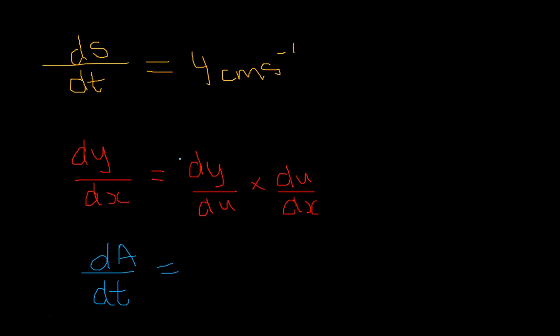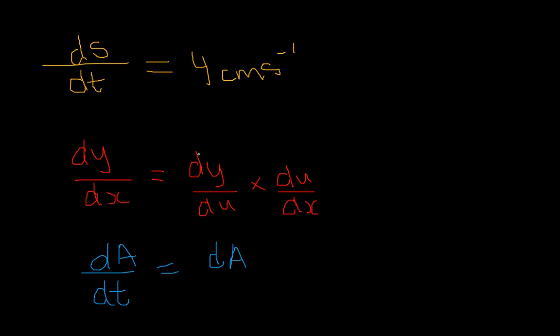And this is where the chain rule comes in. I want to find dA on dt. But how exactly would I do that? Well, referring to the rule on top here, dy was on top, so dy comes here. In this case, let's just say my dy is dA, right? So dA would be here.